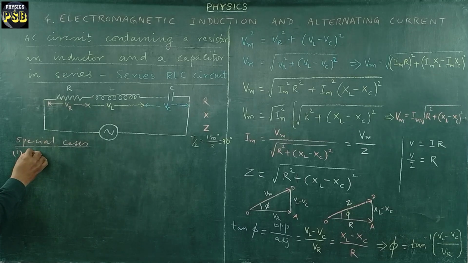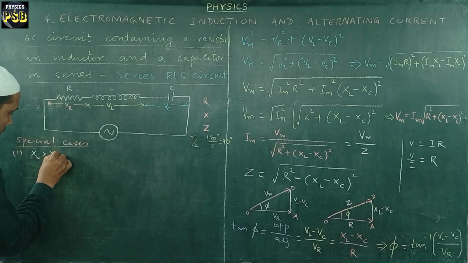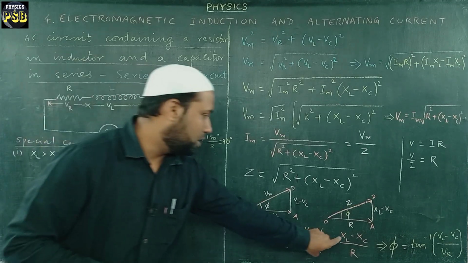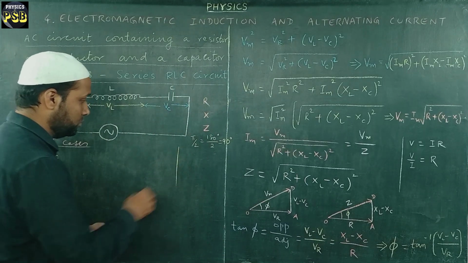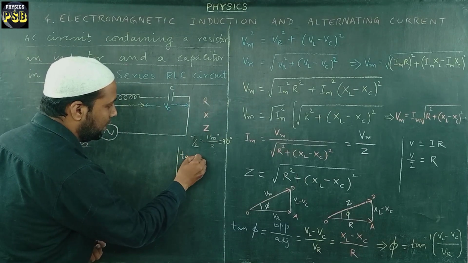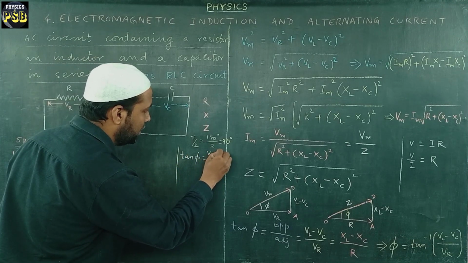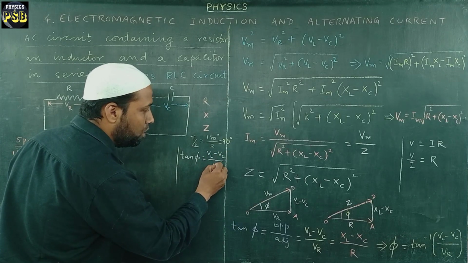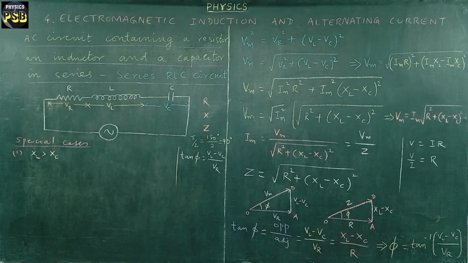First, I say that XL, inductive reactance, is found to be greater than capacitive reactance. This I am going to use in this equation. We have tan of phi equal to VL minus VC upon VR.